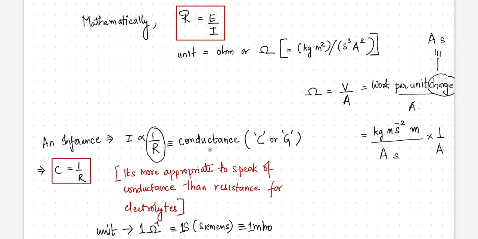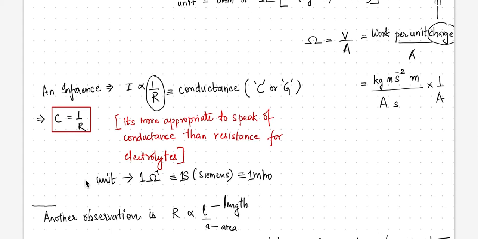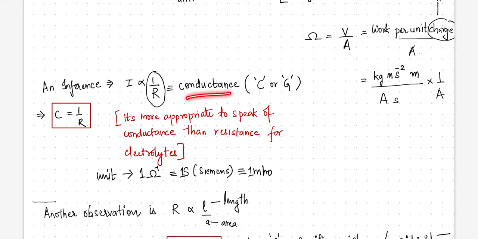This conductance we represent either by a capital C or a capital G, whichever is appropriate. For my discussion here, I'm going to use capital C. So C equals 1 upon R. Conductance is simply the reciprocal of the resistance, and that's why this is the second important relationship that you should be aware of.